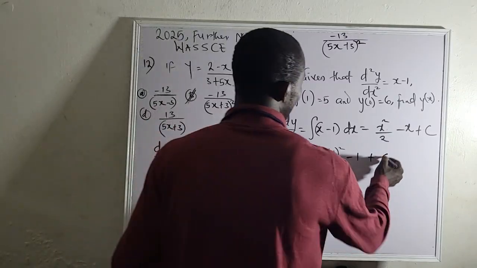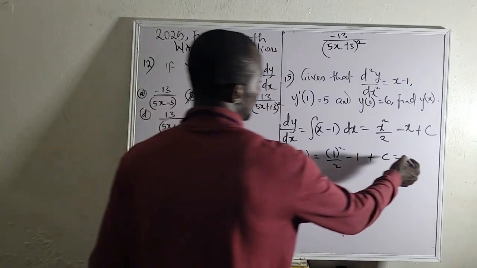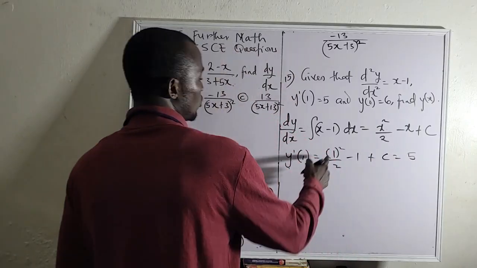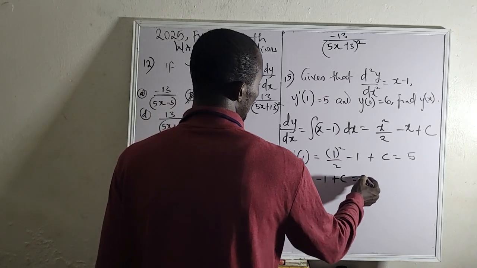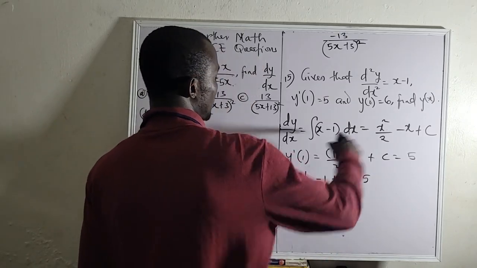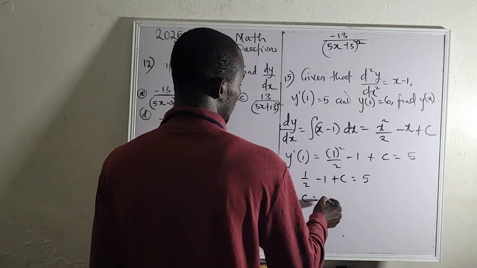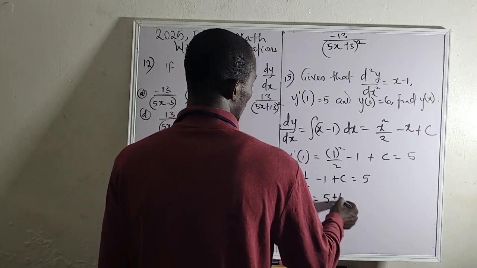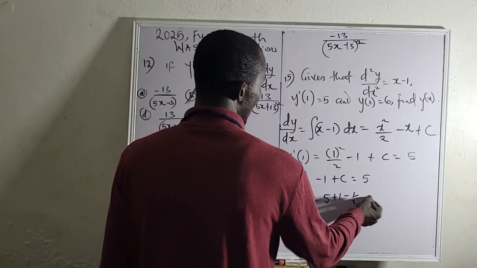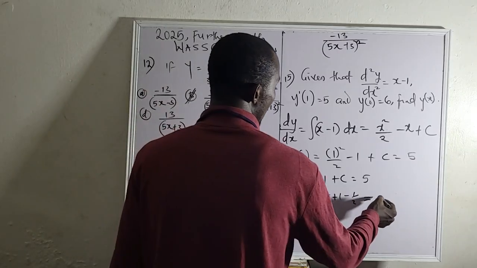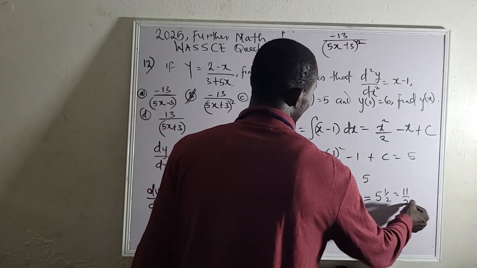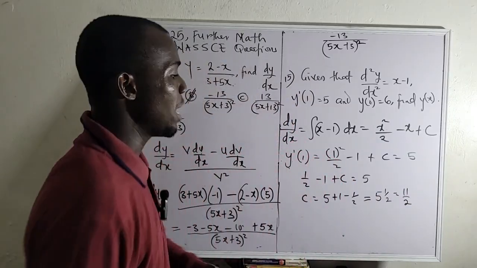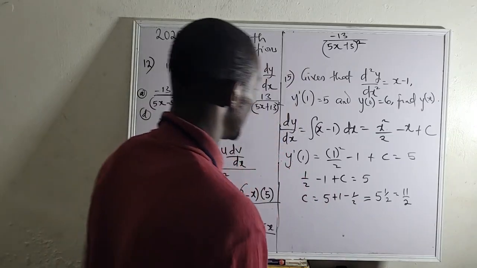Then plus c, and they said everything right there would give us 5. So this is going to be half minus 1 plus c equals 5. Take everything to the other side. Our c will be 5 plus 1 minus half, and this will be 5.5, and that can be written as 11 over 2. So our arbitrary constant is 11 over 2.